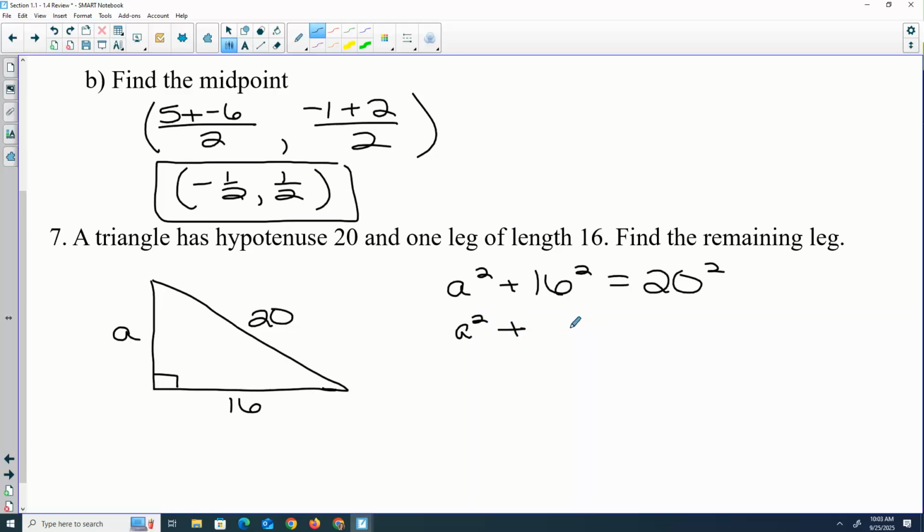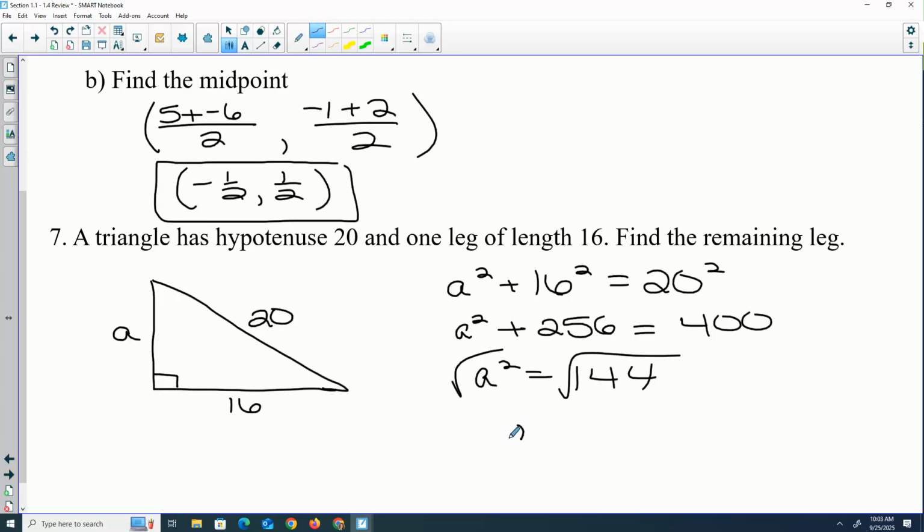What's 16 squared? 20 squared. So if we subtract over our 256, we get, if it doesn't work out perfectly, you can have a radical still. Just make sure to reduce if possible. Any questions there?